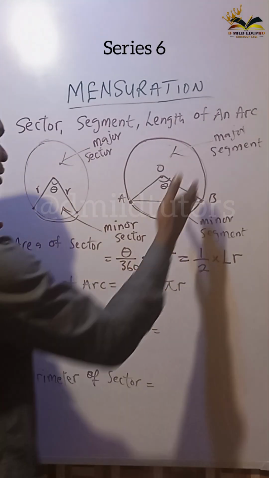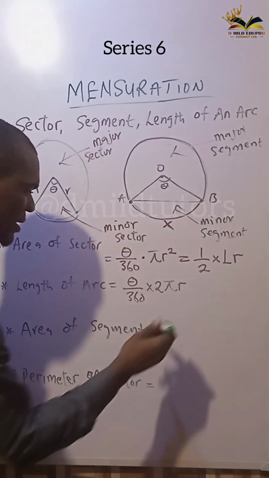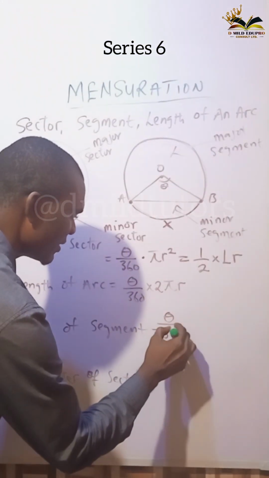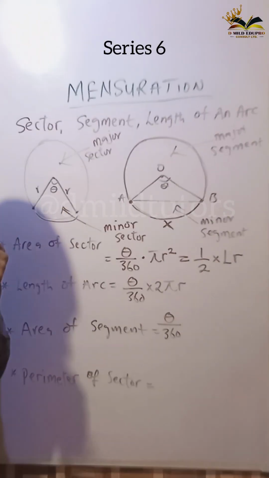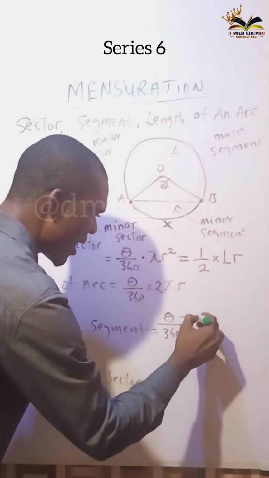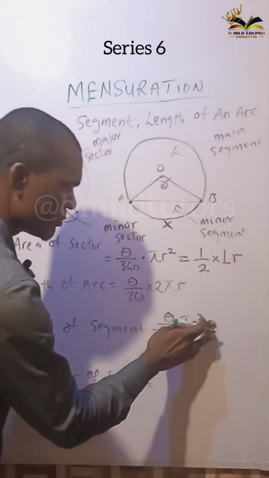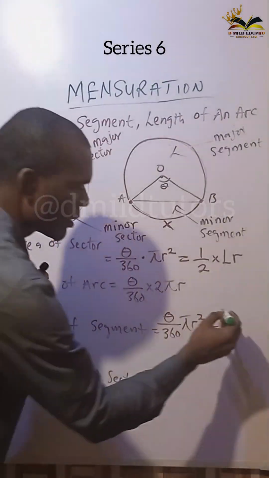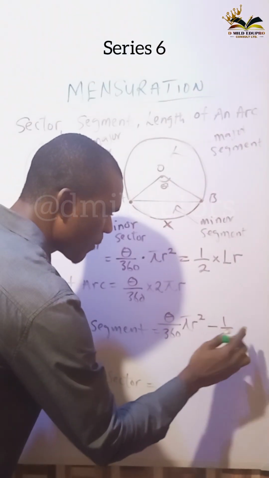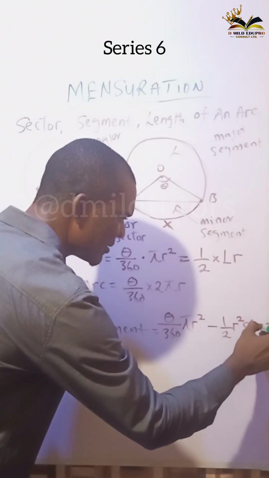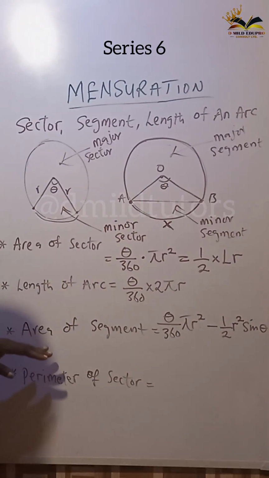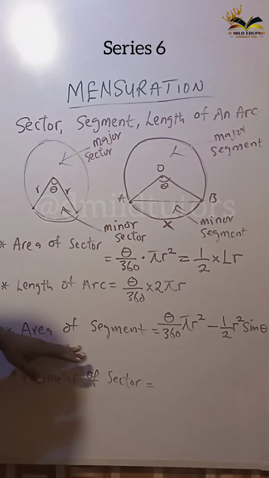Now let us move to the area of a segment. Area of a segment is theta all over 360. Please note the difference between sector and segment. We have pi r squared minus, please note we have minus 1/2 r squared sine theta. So this is the formula for the area of a segment.